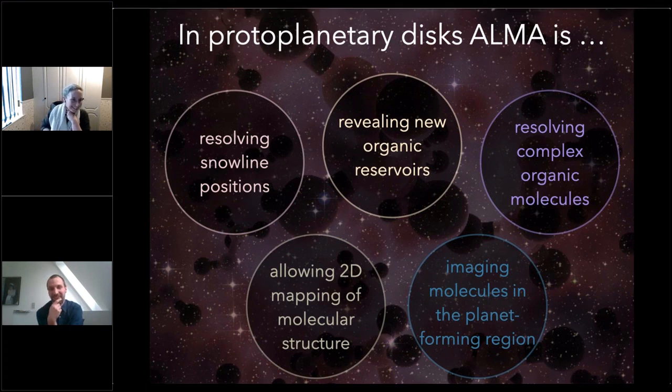My question is related to really complex organic molecules. Is it that large complex organic molecules might be trapped in the dust, for instance, or is it a problem of detection, and can we expect to see them with JWST? Okay, that's two questions. So in terms of what we can detect at millimeter, submillimeter wavelengths, we're constrained by two things.